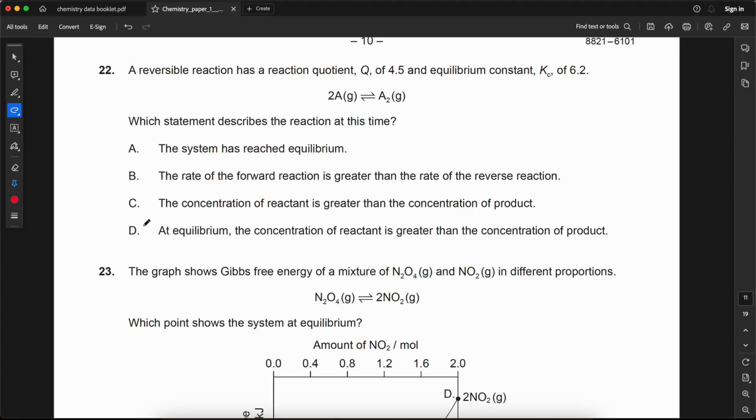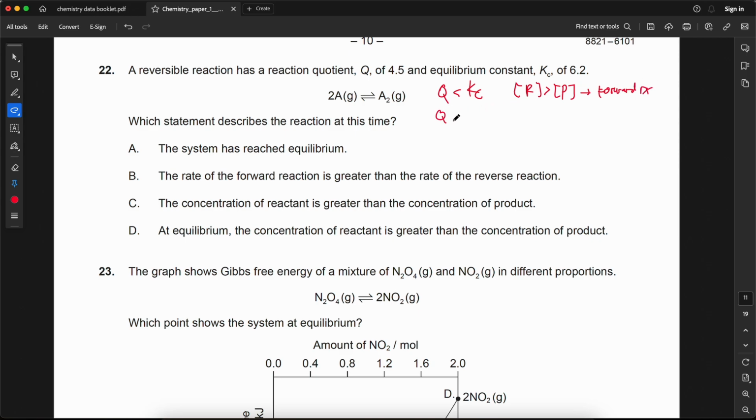A reversible reaction has a reaction quotient Q of 4.5 and equilibrium constant Kc of 6.2. So Q is smaller than Kc. It means the concentration of reactant is bigger than the concentration of product. So it will be forward reaction.